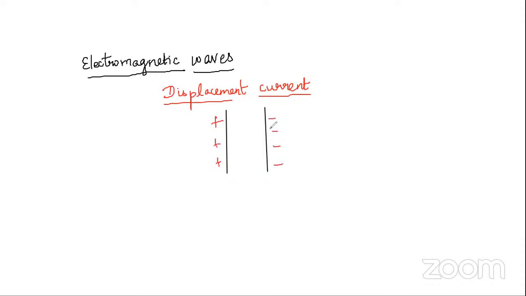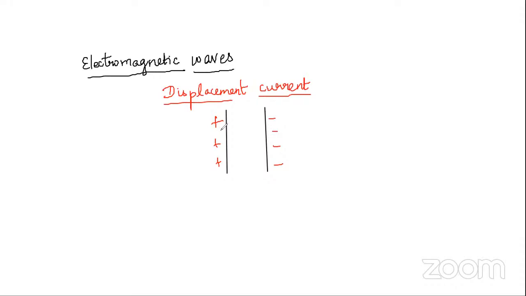Whenever this capacitor is charged, you will have some electric field in between the two plates. Due to the accumulation of charges, you get an electric field between the plates, and that electric flux, to be more precise, is changing with time, because of the change in the value of charges stored in the capacitor plate.